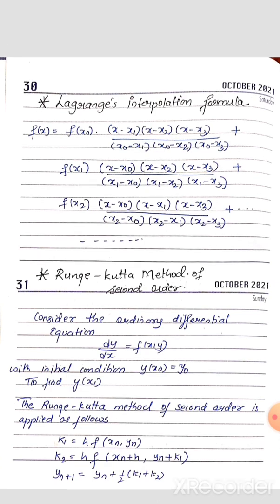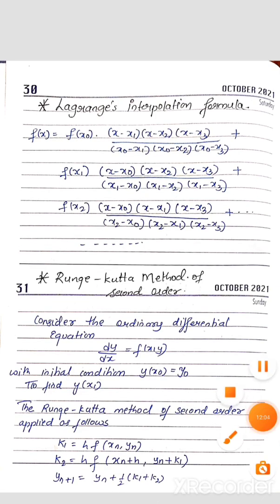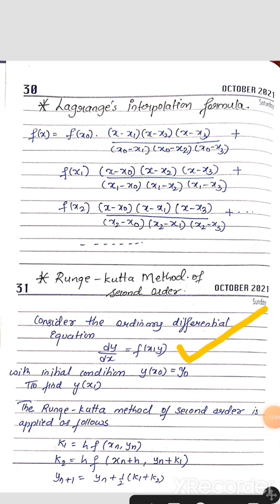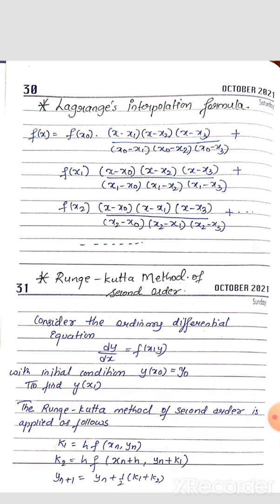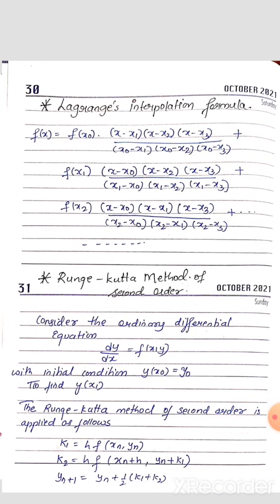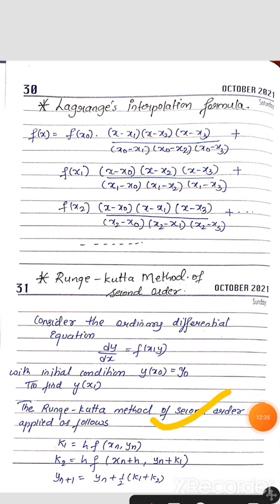Next, coming back to the Runge-Kutta method of second order. For the second order Runge-Kutta method, first the ordinary differential equation will be given, with the initial condition that at x0 the value is y0. We need to find y of x1. Here you need to find the k1 value and k2 value, then you get the final equation: yn plus 1 is equal to yn plus half of k1 plus k2. This is for second order, so we are finding two values, k1 and k2.